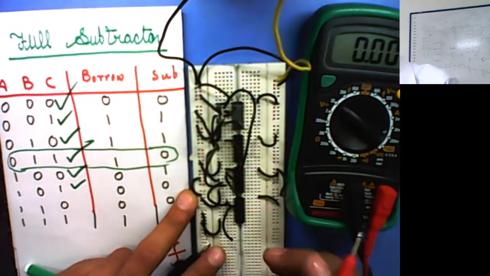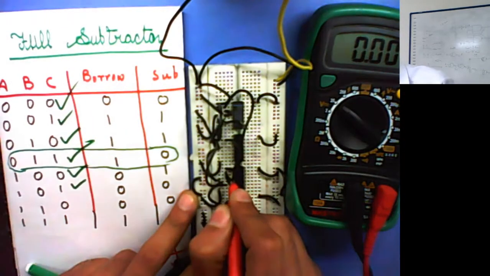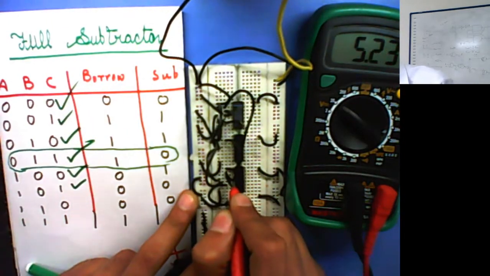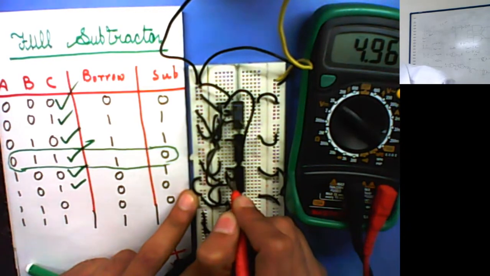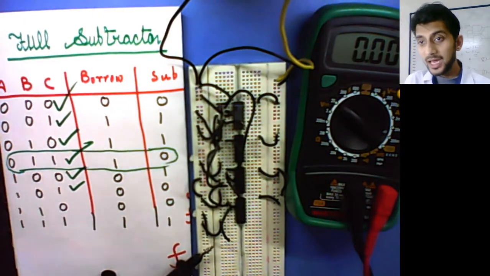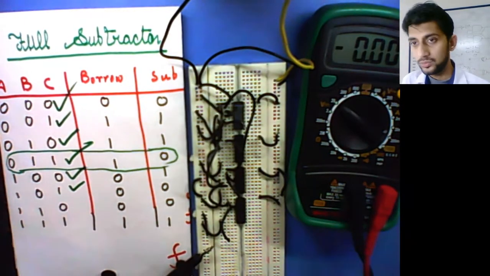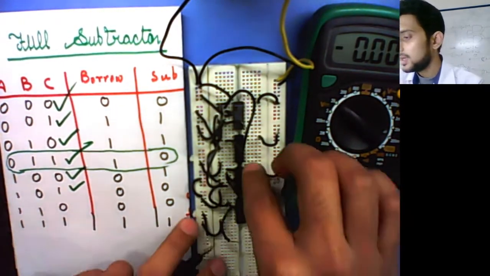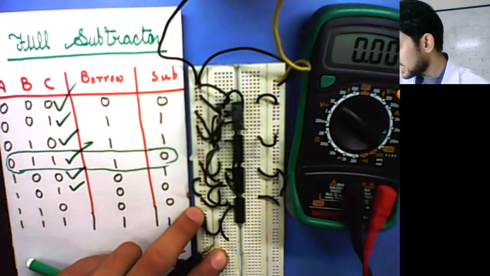So my IC for the AND gate has stopped working properly, because 0 and 5 should give me an output 0, not 5. If even one is wrong, as I told you, you have to check why it is wrong. I have to remove this IC.